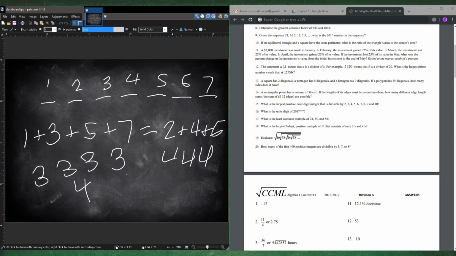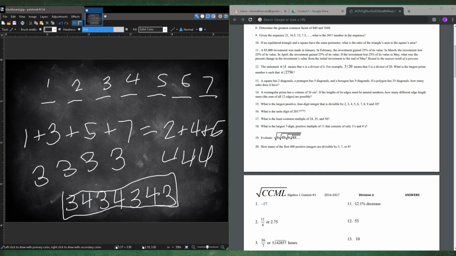So the only number that you can make is this. Based on that, you have to have a 3, 4, 3, 4, 3, 4, and a 3. So basically, this is the answer, because you're limited to only 3s and 4s.